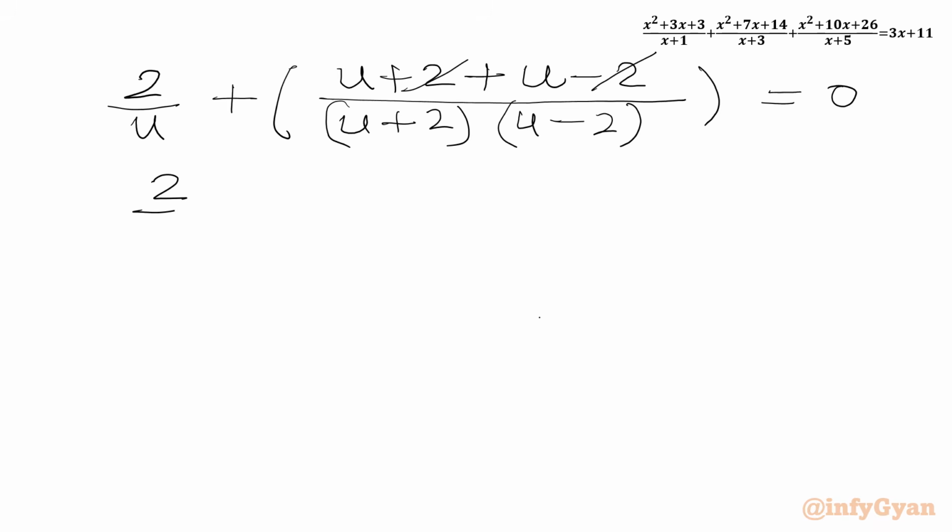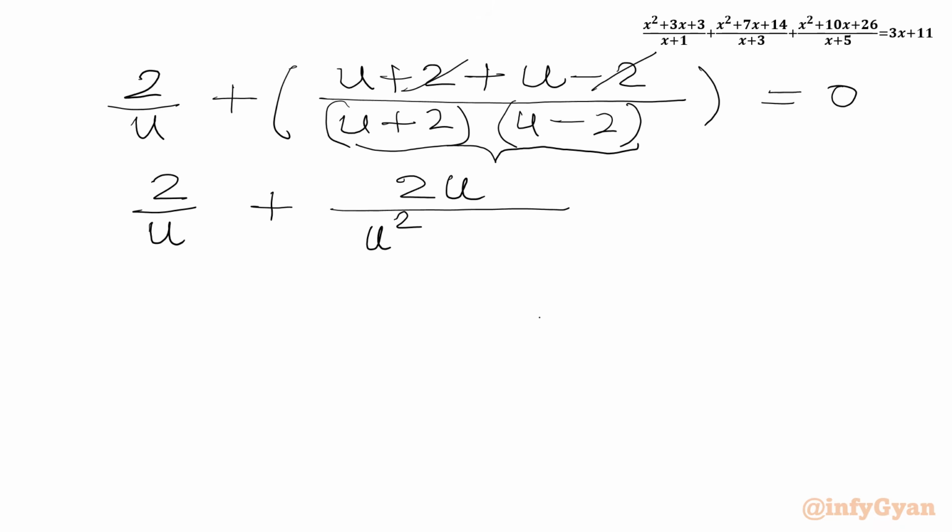We will get 2u over a plus b times a minus b, which is the difference of two squares identity. So we can write here u square minus 2 square. This must be equal to 0. Now we will take 2 common out.